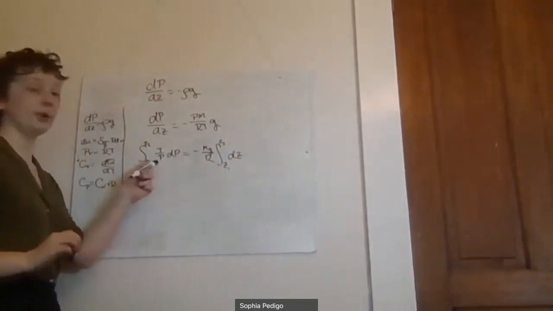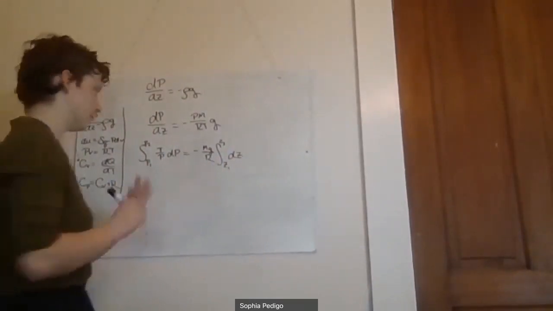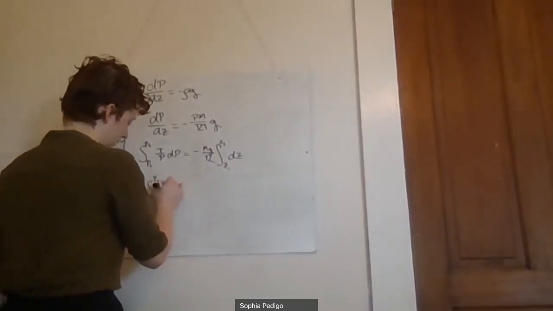Now, as it turns out, we can't solve for this side of the equation yet, but we can solve for this side. So I'll go ahead and do that. This all stays the same right here.